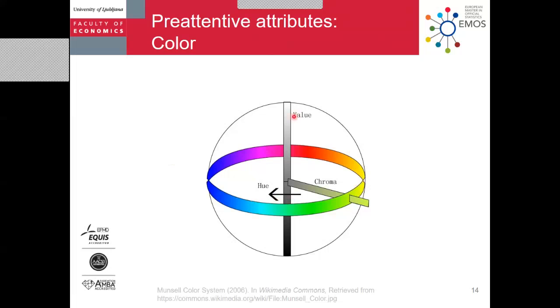Value measures the degree to which any hue appears dark or light, ranging from fully dark to fully light. You will find similar concepts of lightness or brightness in some literature.